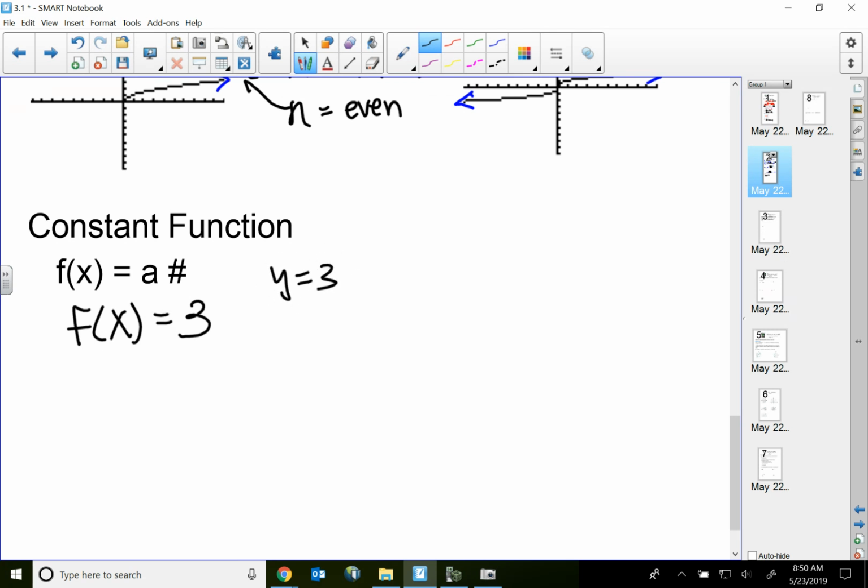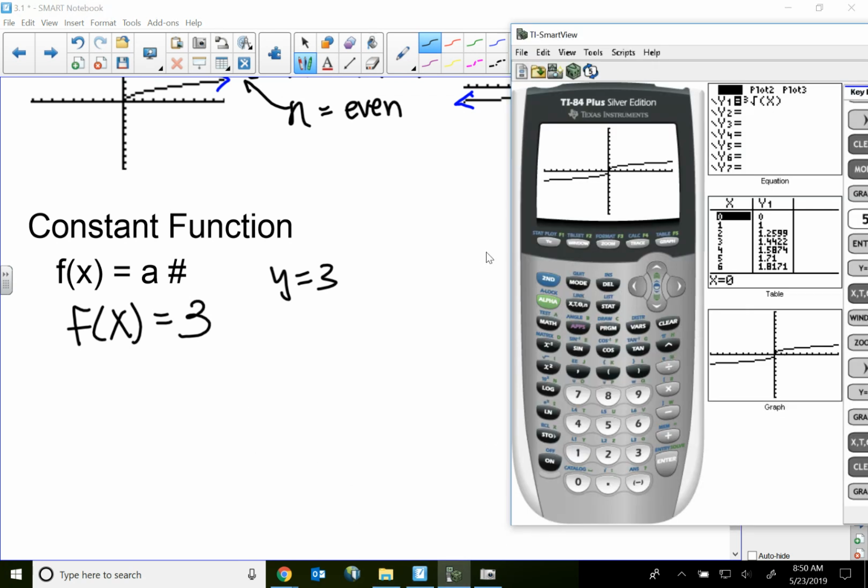As you can recall, y equal to a number is a horizontal line. So right now we call a horizontal line a constant function. In my graphing calculator, if I go to y equal and simply type 3, that will give me a constant function.